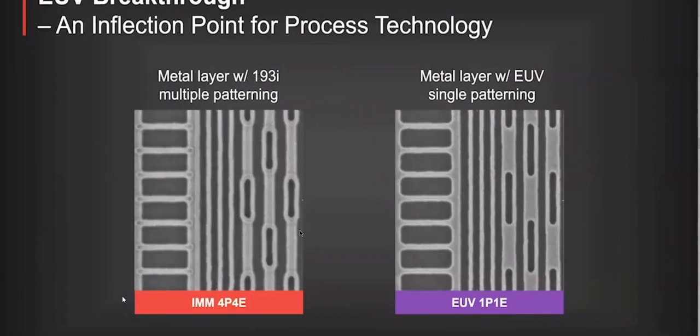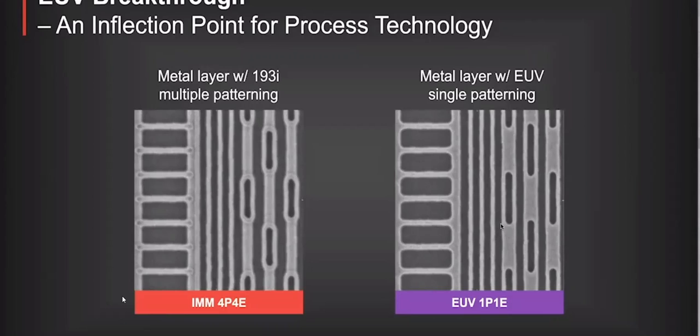And the way to go, and this I took from, again, a TSMC slide from the last IEEE conference. This is 193 excimer laser immersion lithography. And this is the EUV lithography. And you can see how sharp the lines are.